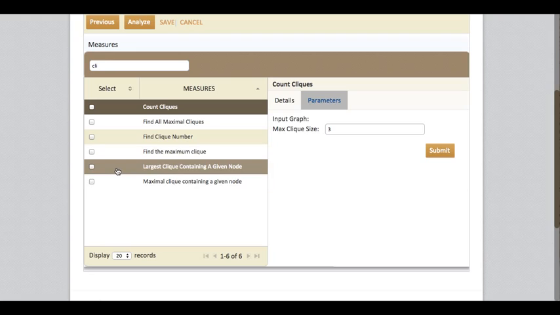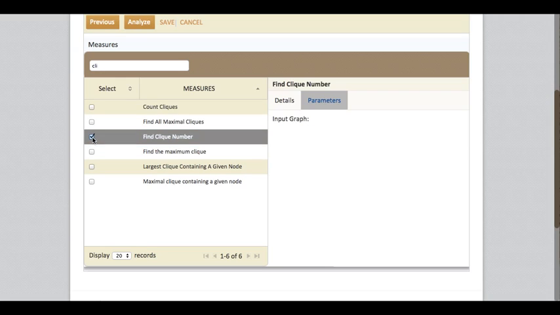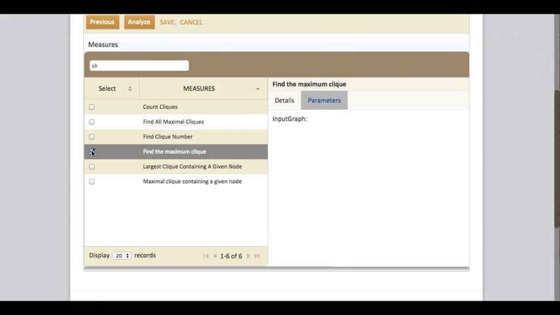Determine the number of cliques of size 3 and larger. Find clique number. Find the largest clique containing a given node. Find all maximum cliques. Find the maximum clique. No, I think the one I'm looking for is find clique number.